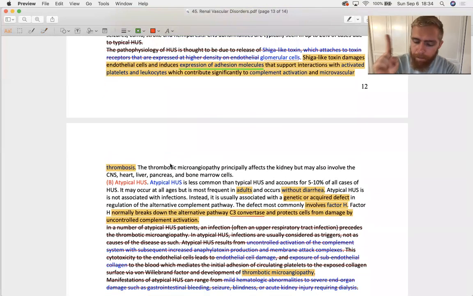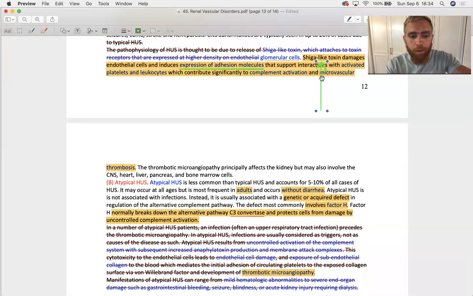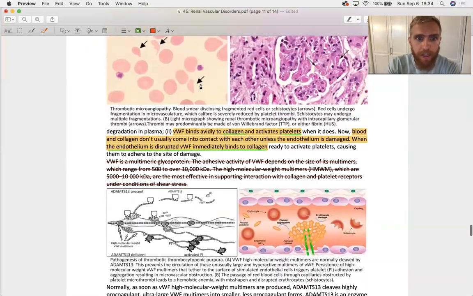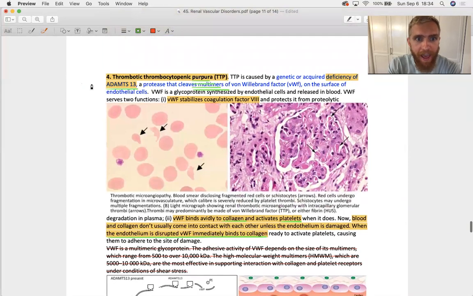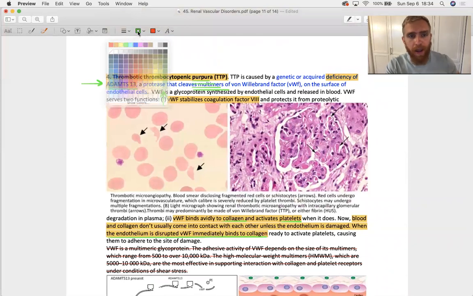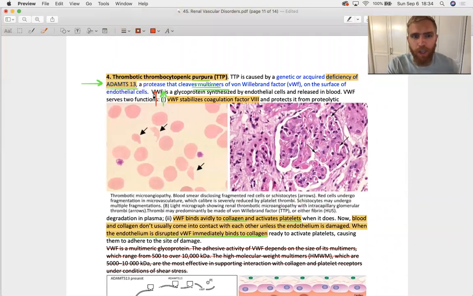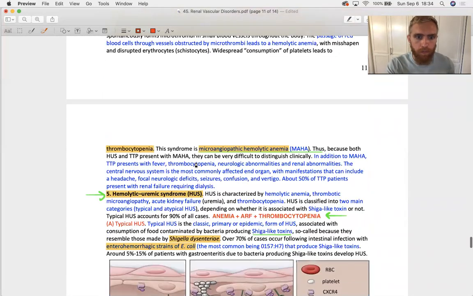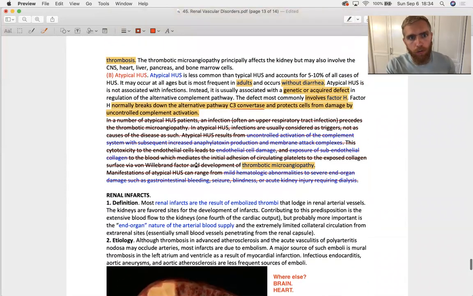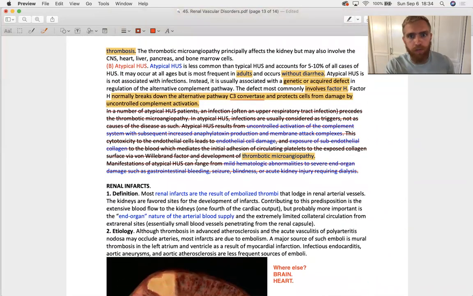And one more time, HUS is pretty particular to the kidneys because of this Shigella-like toxin that likes to preferentially damage glomerular endothelial cells versus TTP that is an ADAMTS13 deficiency leading to overactivation of von Willebrand factor that doesn't have any particular tissue tropism. It will clot wherever there's endothelial damage. So 2 syndromes, same mechanism, different results.